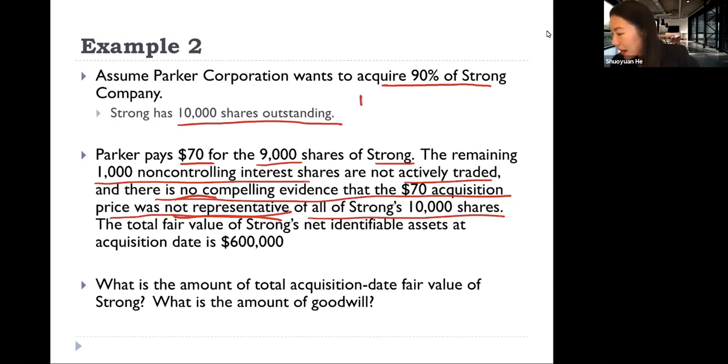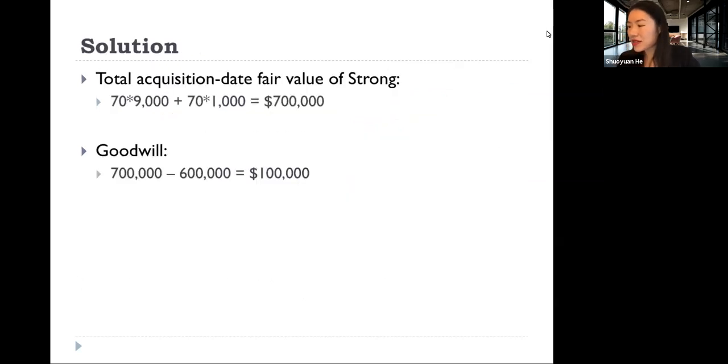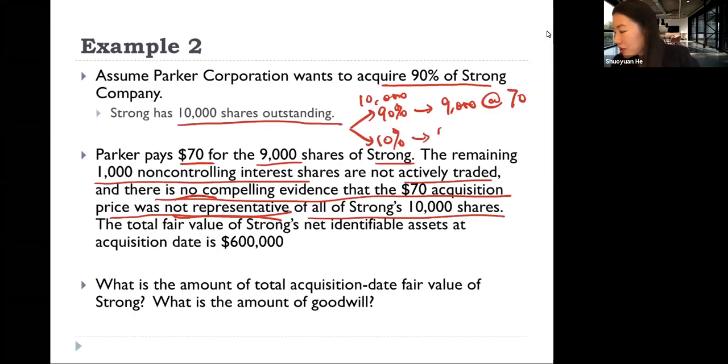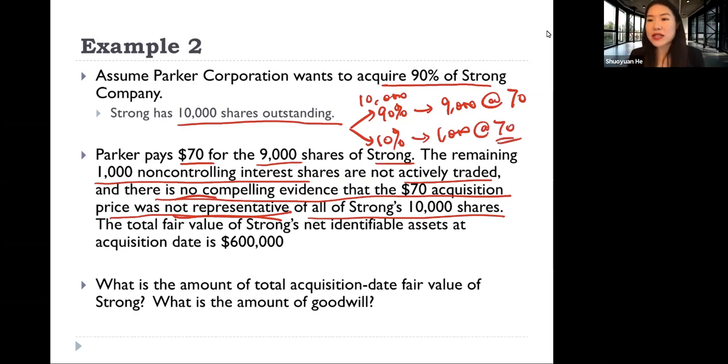So Strong again has 10,000 shares. 90% is acquired by Parker, so that's 9,000, and the value is $70 each. The other 10%, which is 1,000, belongs to non-controlling interest, and the value we can also say is $70.